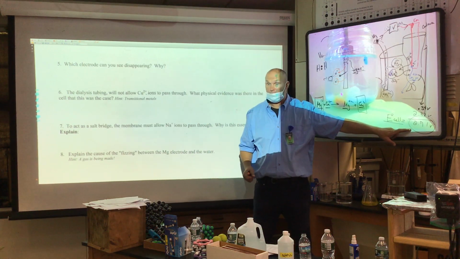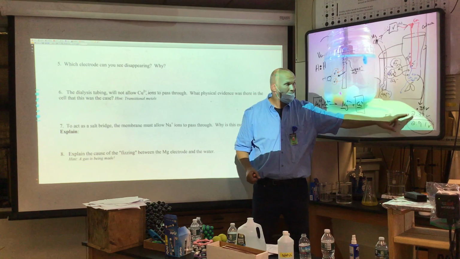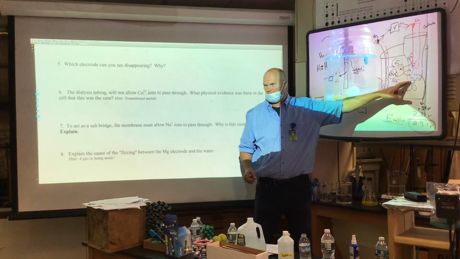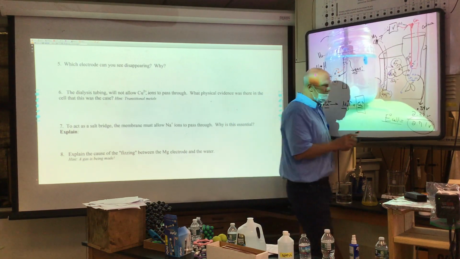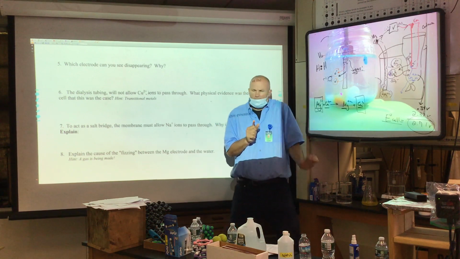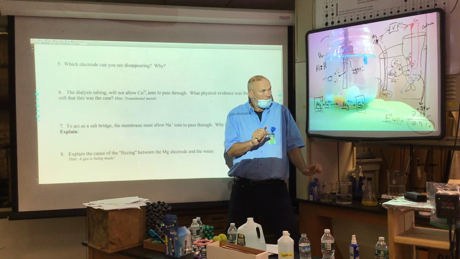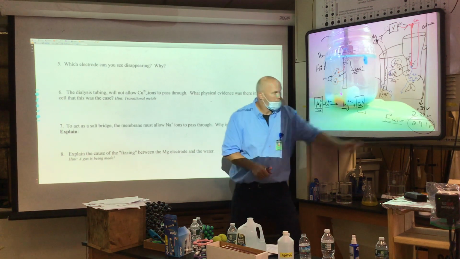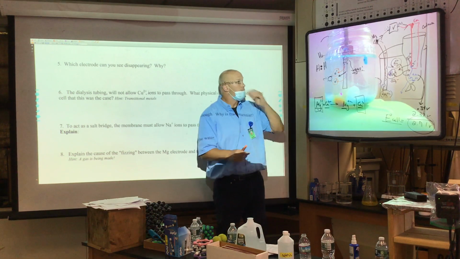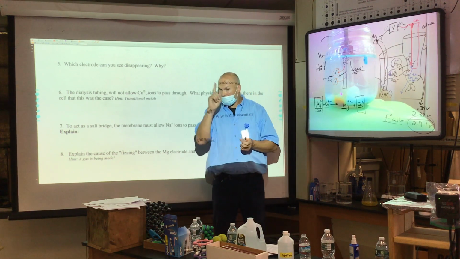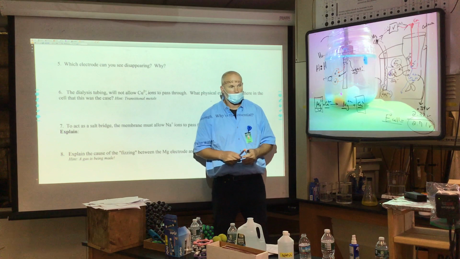potential is being compromised. Copper plus 2 is still doing its thing. But magnesium, if it's pushing to the water a little bit, then it doesn't have the same energy to push to the copper plus 2. This value decreased. So it's important to think about in terms of your lab.